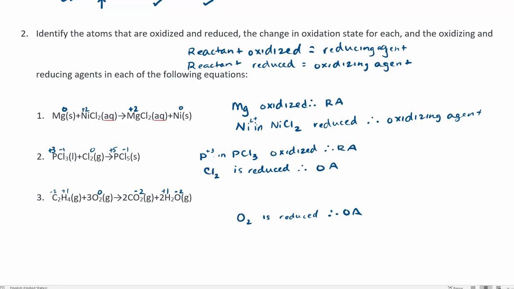And here, the carbon is going to be +4. That makes more sense. So the carbon in C2H4 is oxidized. Therefore, it is the reducing agent.